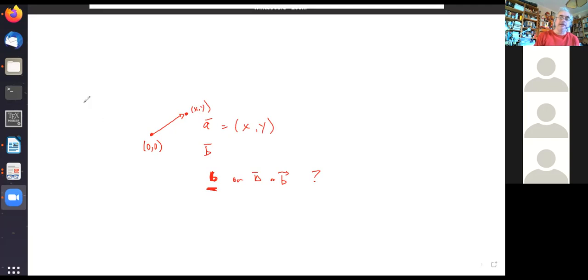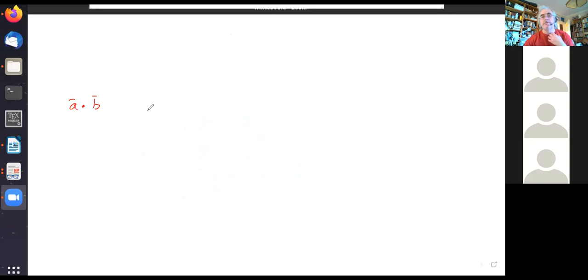You can multiply vectors. If you have a vector A, you can multiply it with a vector B. That is essentially equivalent to a projection.